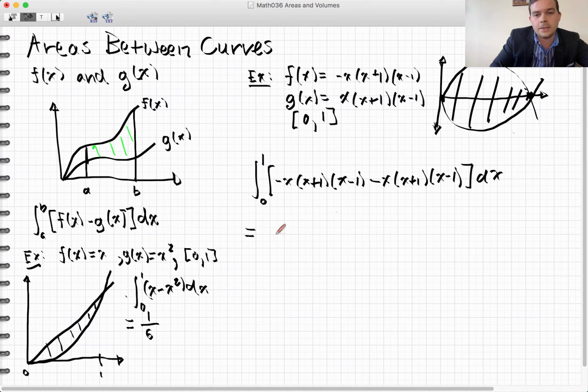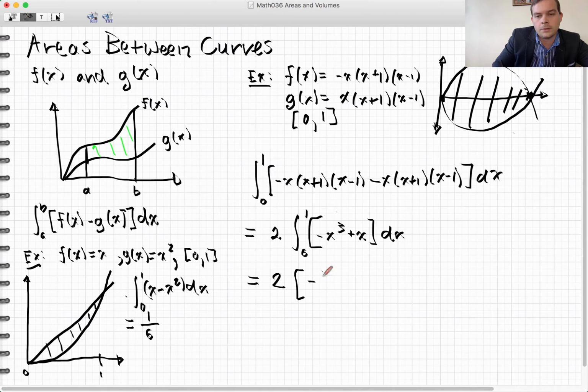So when all is said and done, this is going to be 2 integral from 0 to 1 of minus x cubed plus x, integrated with respect to the variable x. So I get a minus 1/4 x to the 4th plus 1/2 x squared as the antiderivative, and now I just evaluate limit 0 and 1.